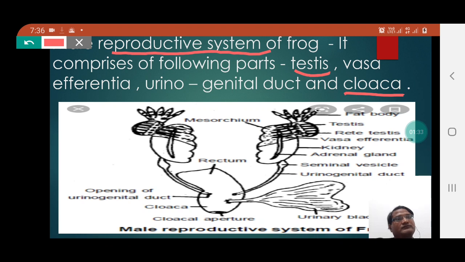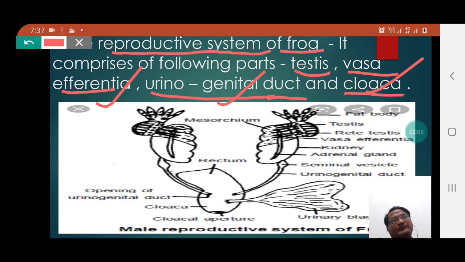And even vasa efferentia and urinogenital duct is also not found in human male reproductive system. So students, these parts like vasa efferentia and urinogenital duct including cloaca is present only in the male reproductive system of frog.